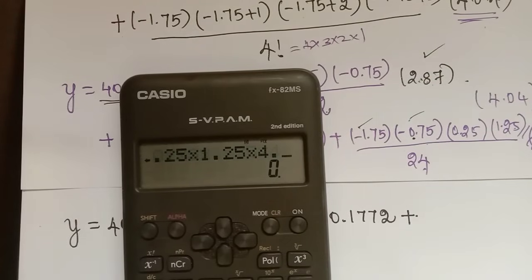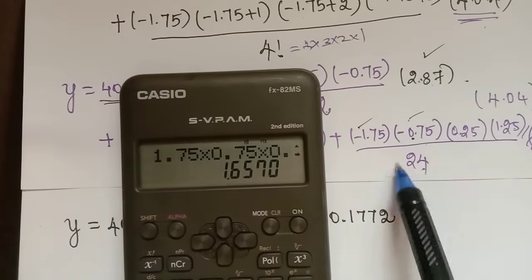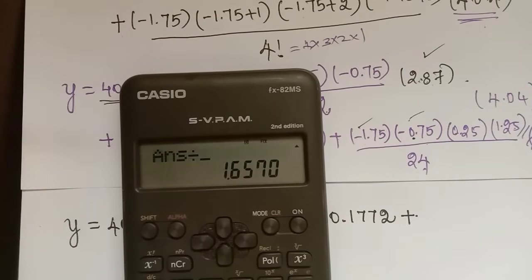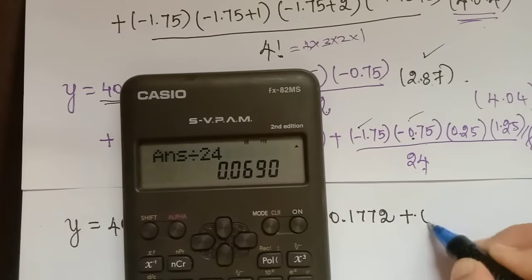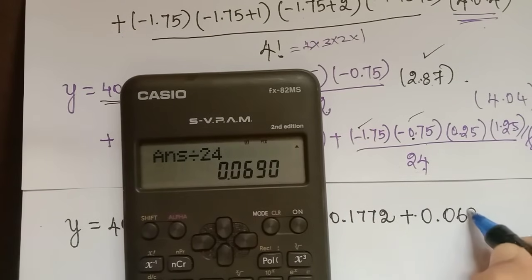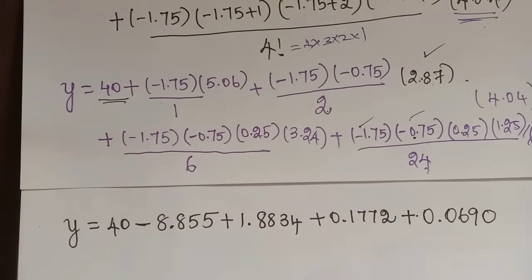So 4.04 equals 1.6570, and that full value has to be divided by 24. So divided by 24 and we get the answer to be 0.0690. So taking and writing that 0.0690.